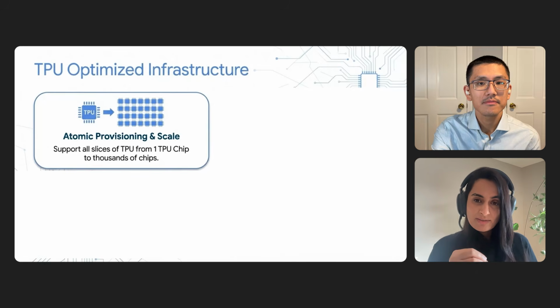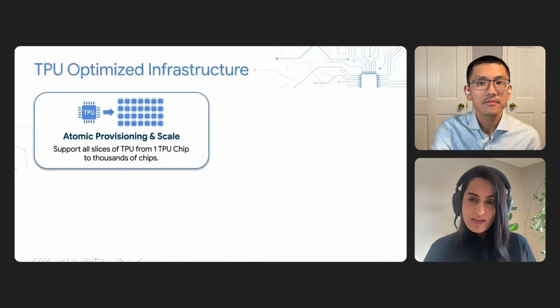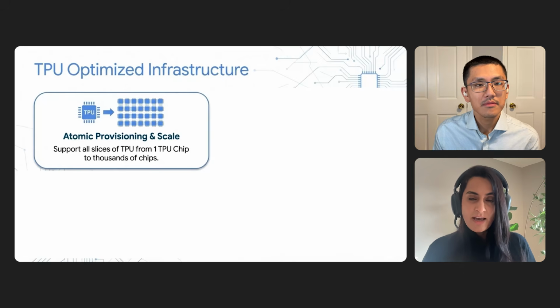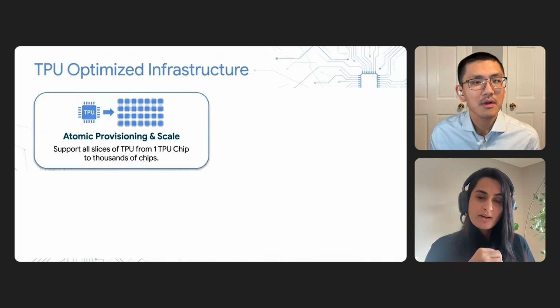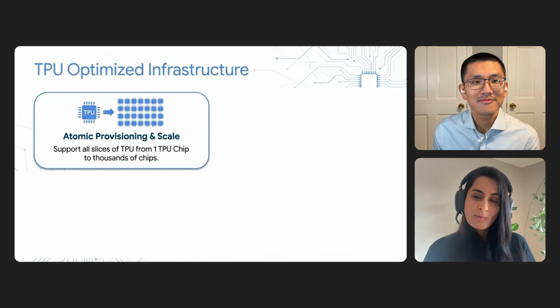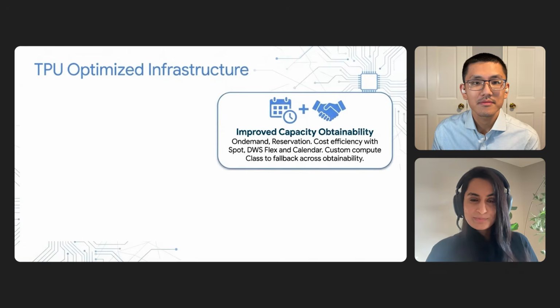TPU can come in various different slice formations, and these slices are considered as one atomic unit for provisioning, for understanding scale, and also for failover and resiliency. Workloads are scheduled on these slices as one atomic unit and managed accordingly, to provide the cost efficiency to take the full power of TPU. That's what we call atomic provisioning and scale.